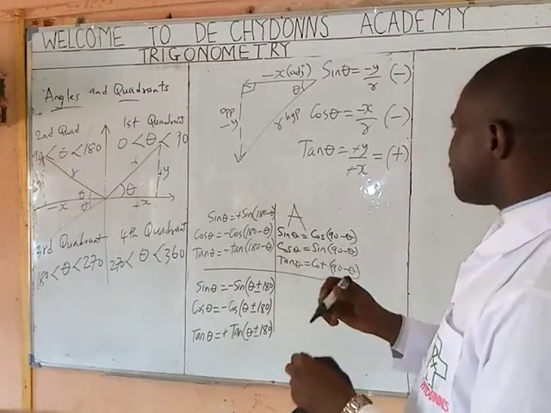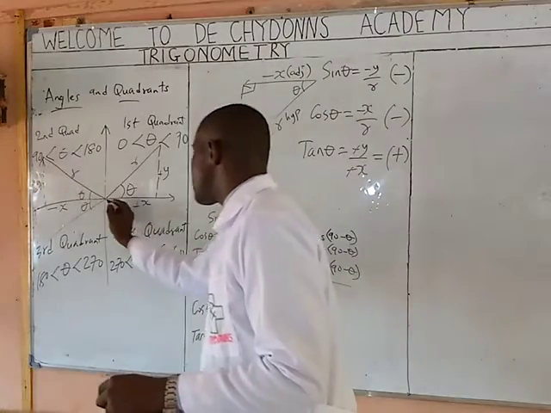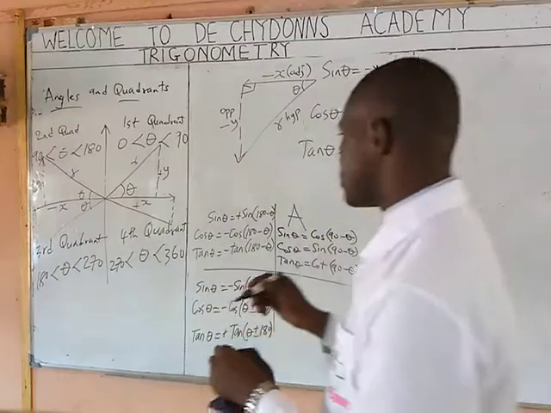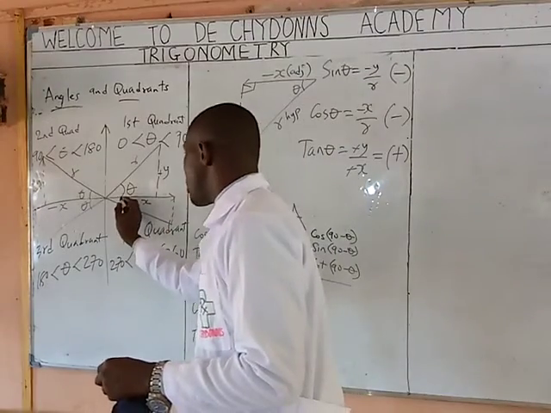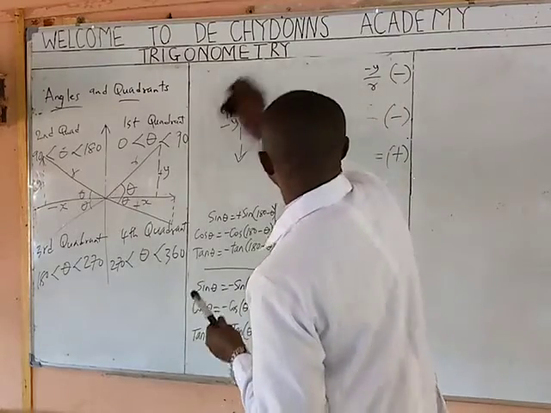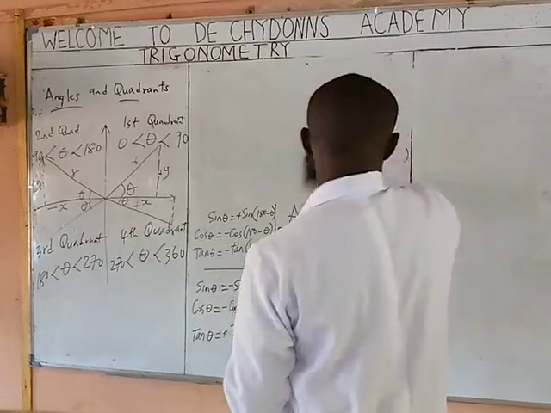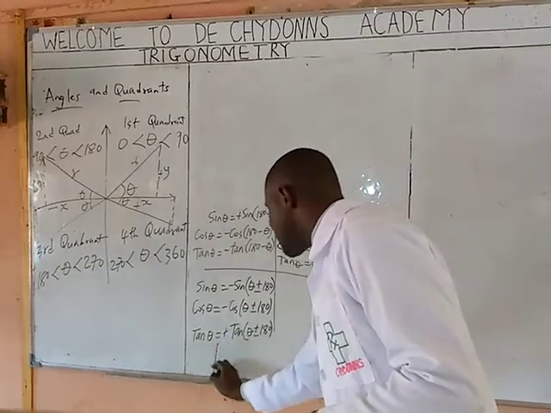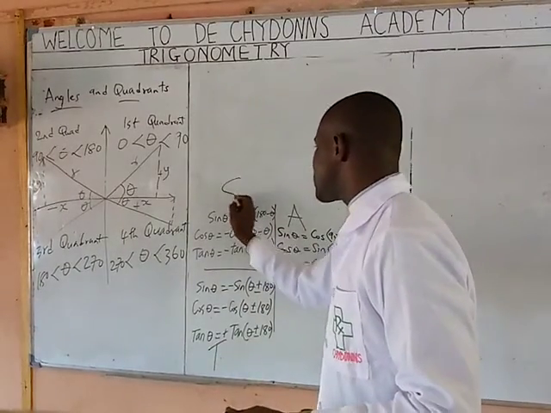Then you come to the fourth quadrant. Here will be your theta. We now say in the fourth quadrant, let's write what we get there. Remember, only C is positive here.